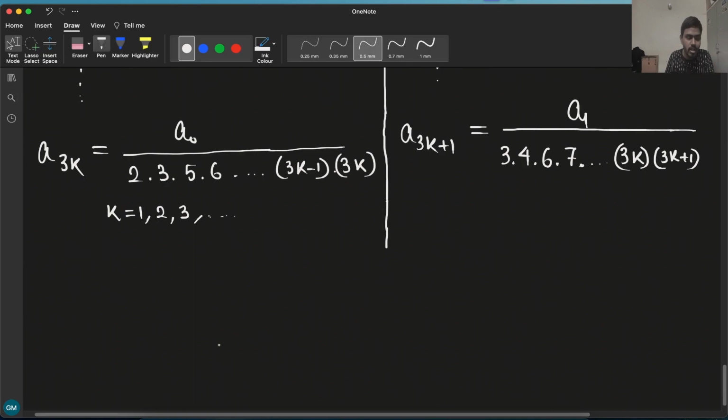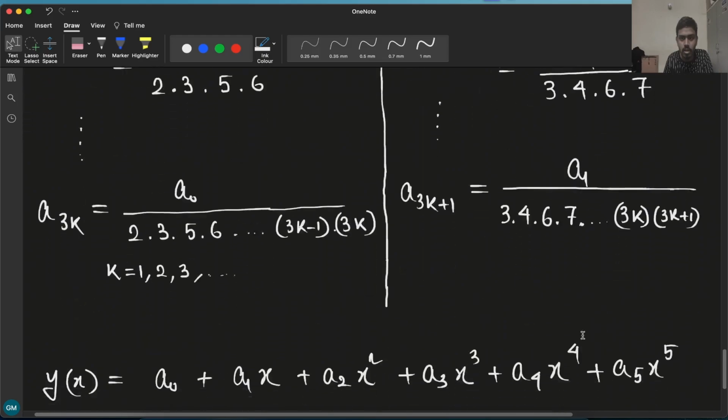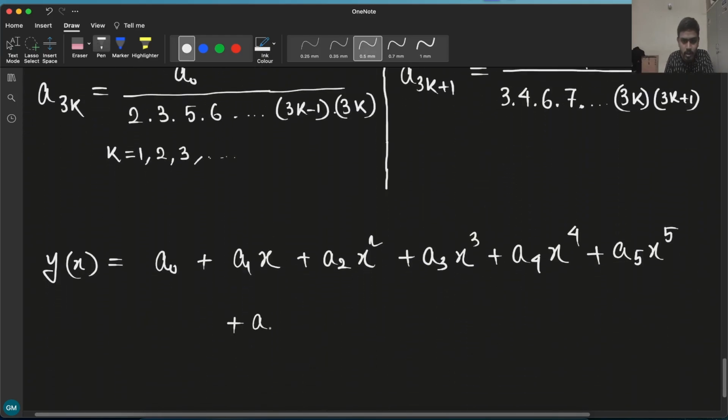So the general solution I can write as y(x) equals a0 plus a1 x plus a2 x squared plus a3 x cubed plus a4 x to the power 4 plus a5 x to the power 5, plus a6 x to the power 6 plus a7 x to the power 7 plus a8 x to the power 8 plus dot dot dot.